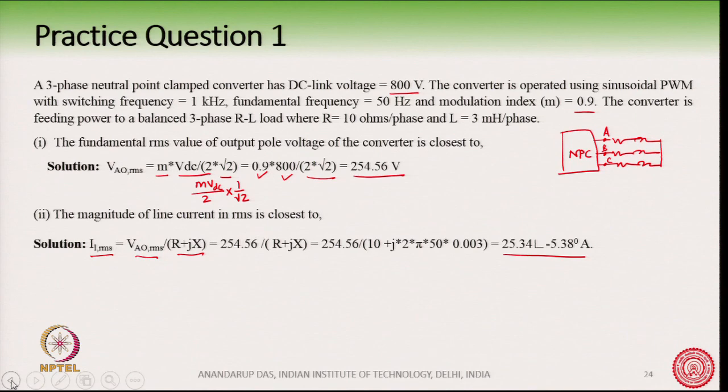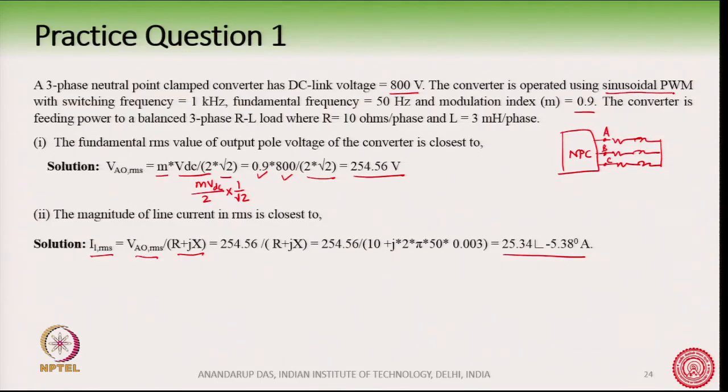You can explore, and suppose you do not use sinusoidal PWM but space vector PWM, then this magnitude will increase by 15%, and you can go to the maximum value. So, all those things can be obtained.